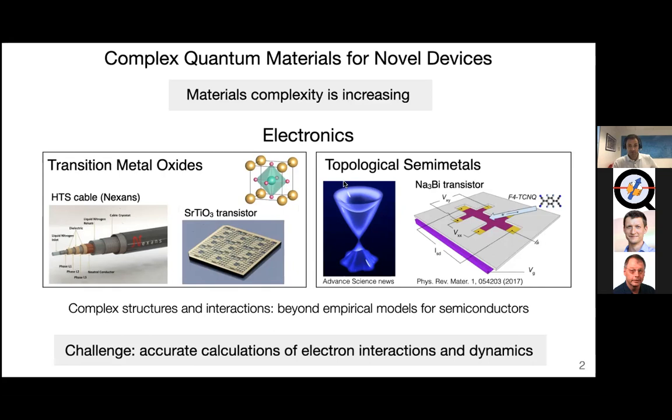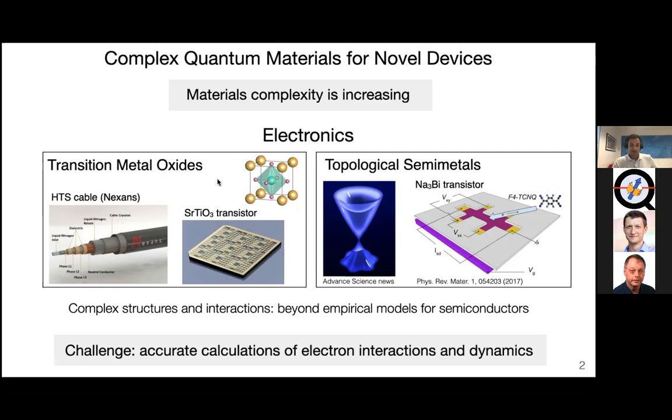Another example are topological materials, in particular topological semimetals, which have emergent relativistic electronic dispersions. And now with these materials, it's also possible to make electronic devices.